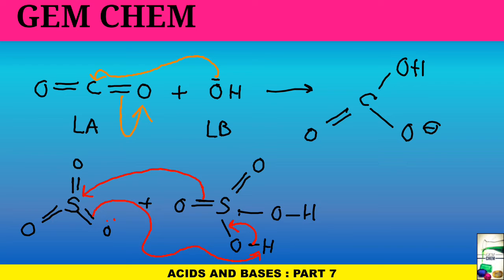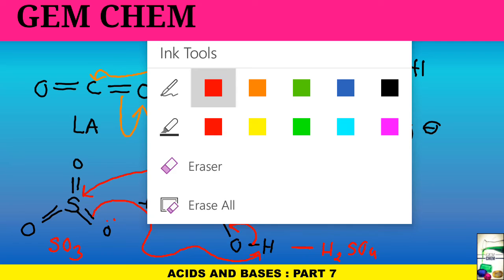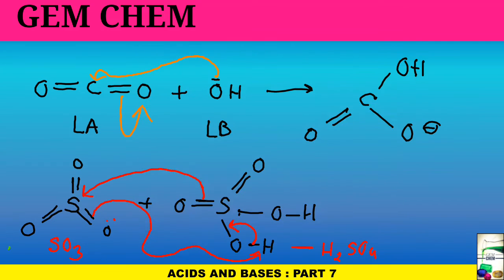So if you can observe here, this particular H2SO4 is donating electron as well as accepting electron. Similarly, SO3 here is donating electron as well as accepting electron. So as a result, both of these are acting as Lewis acid plus Lewis base, in SO3 as well as in H2SO4.